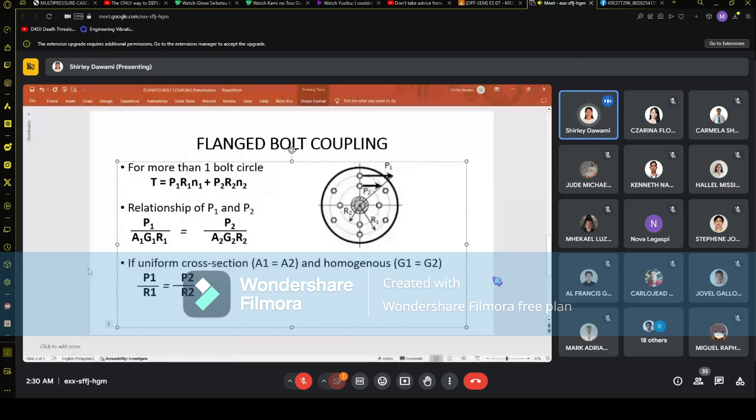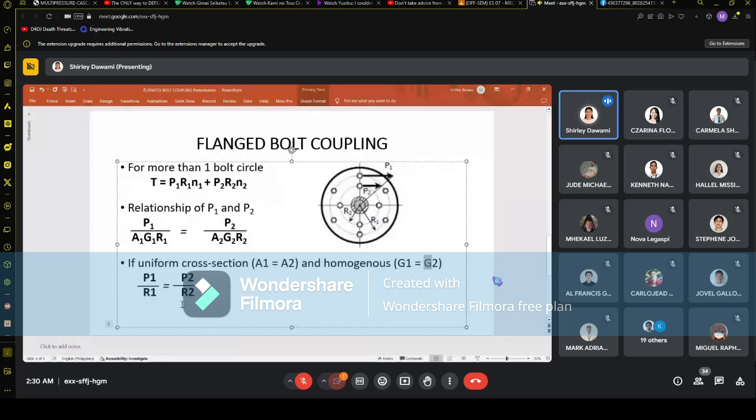And homogeneous, when we say homogeneous, the materials are the same, that means they have the same properties. So G1 is equal to G2. It then becomes P1 over R1 is equal to P2 over R2. Okay, so this is the formula we need to remember for the flanged bolt coupling: P1 over R1 equals P2 over R2.